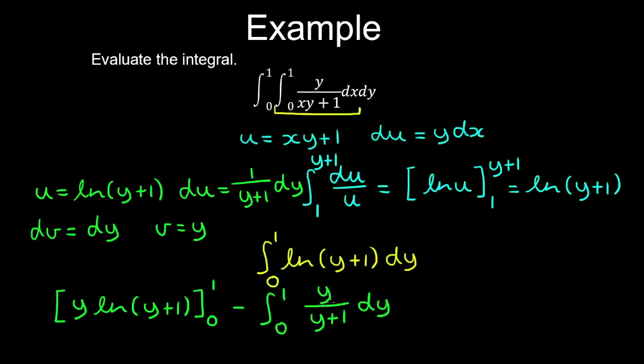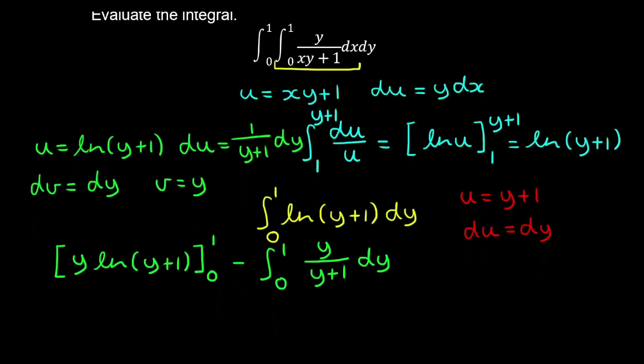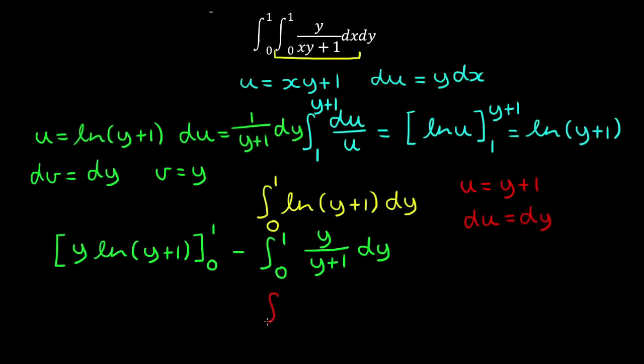And now we can integrate by substitution. So if we set u equal to y plus 1, then du is equal to dy, and therefore we can rewrite this integral as the integral of u minus 1 on u with respect to u.